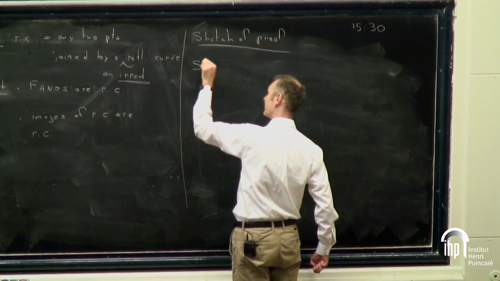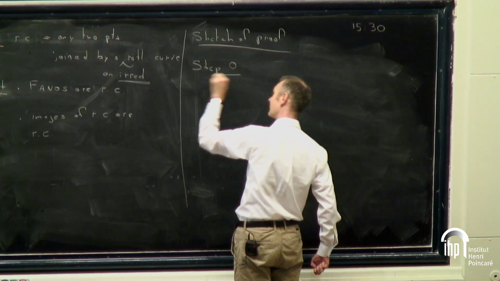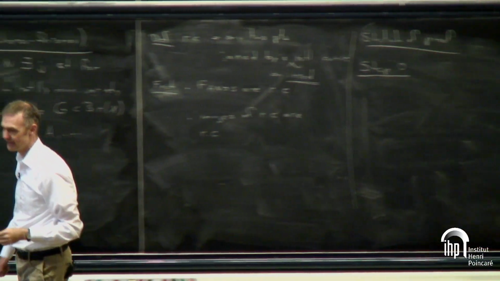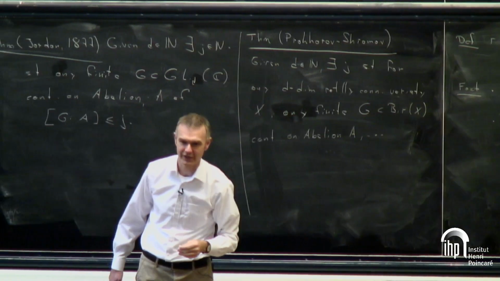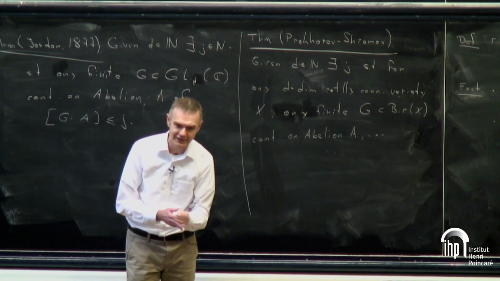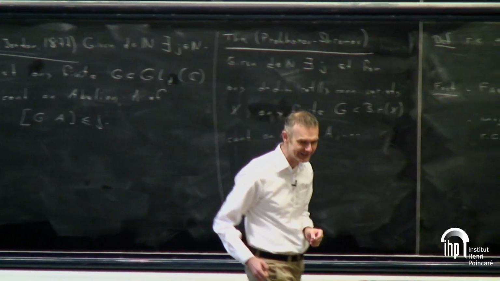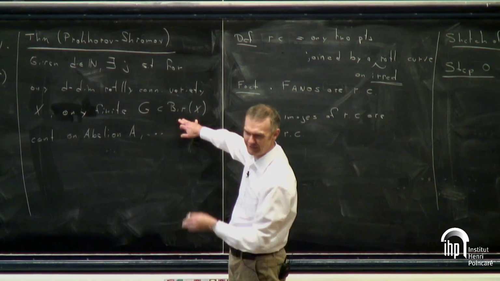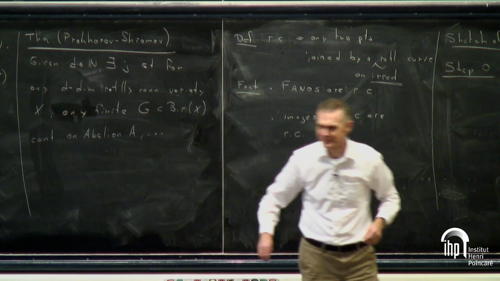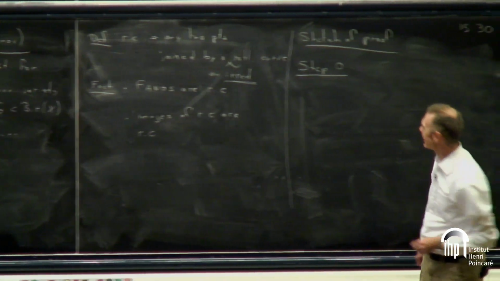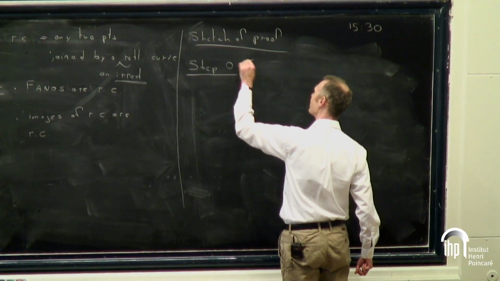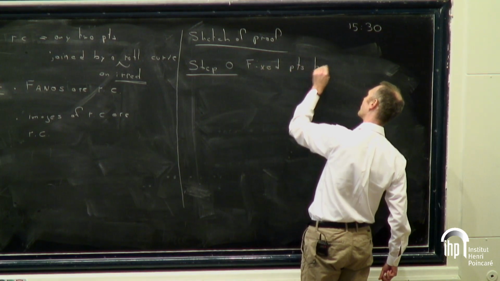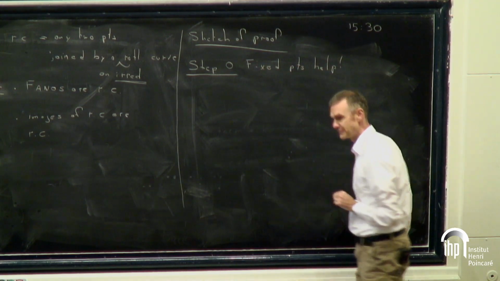Sketch of proof. That maybe also illustrates a little the techniques that come later when I say a word about what Birkar actually does. So the first step is let's forget about birational and look at automorphisms. Step 0 is the observation that fixed points help.